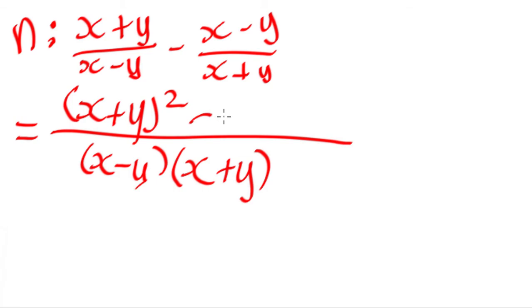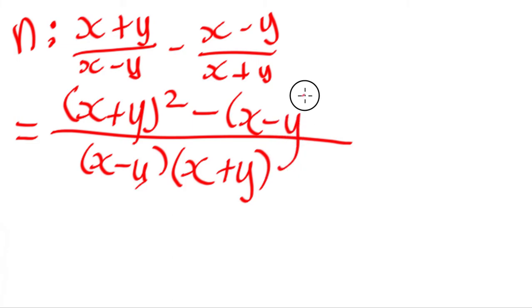Now minus, again, we apply this in this term: x minus y times x plus y divided by x plus y. We can cancel the x plus y. Whatever is left, we multiply to the numerator. So we have x minus y times x minus y, similarly x minus y squared.